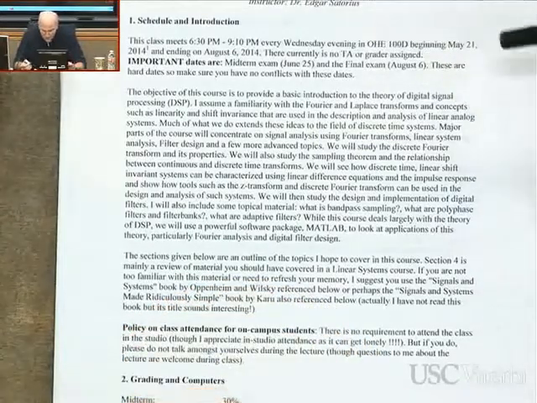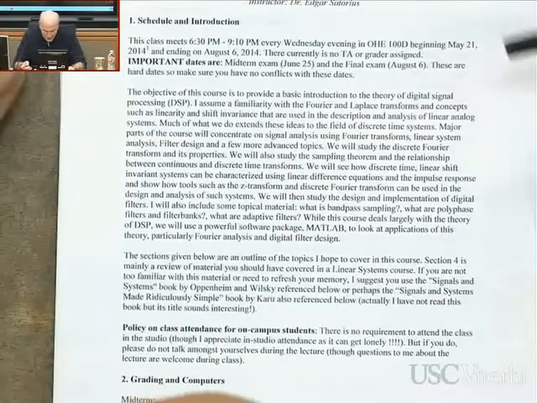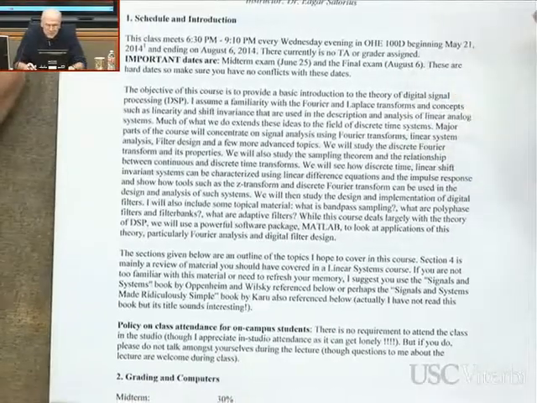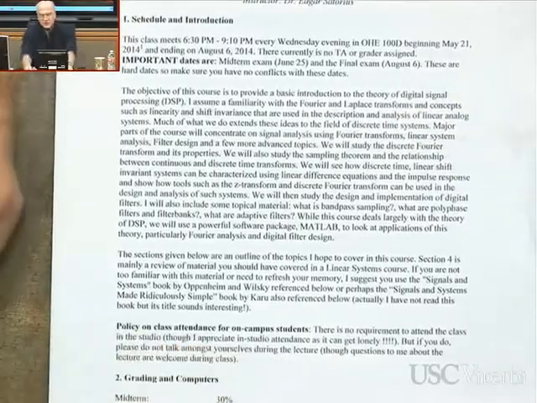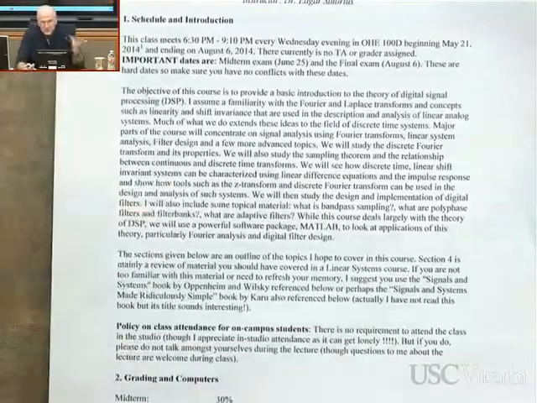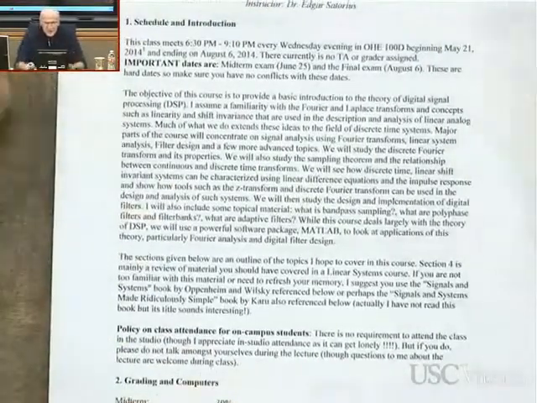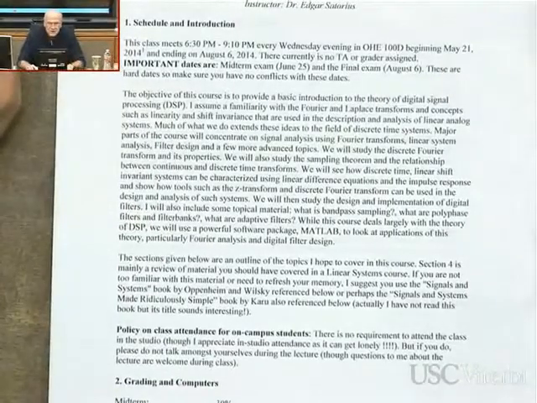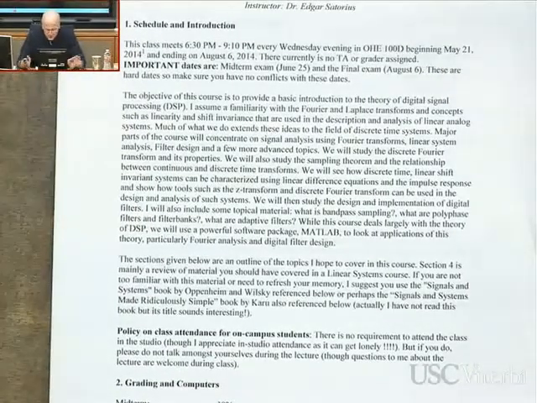On the theory side, we're going to study things like linear digital filter design, both finite impulse response filters, those with impulse responses of finite length, and all of these are digital filters, as well as infinite impulse response filters, or IIR filters.